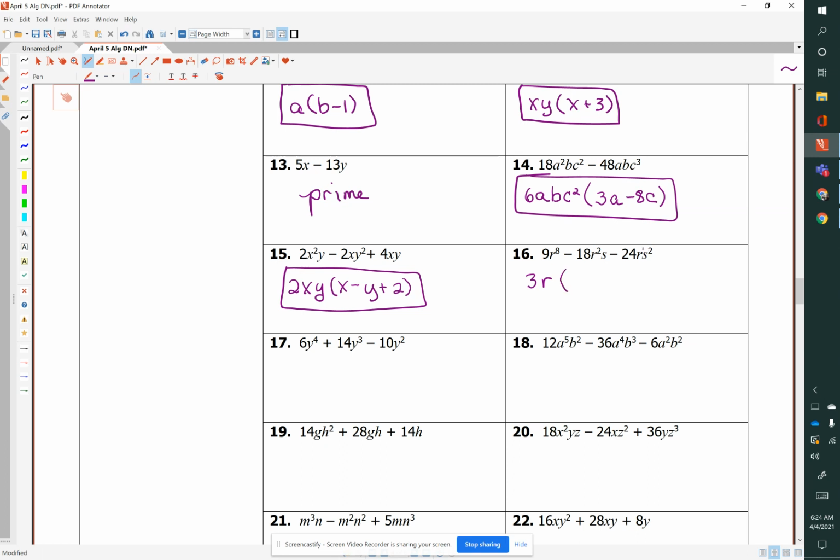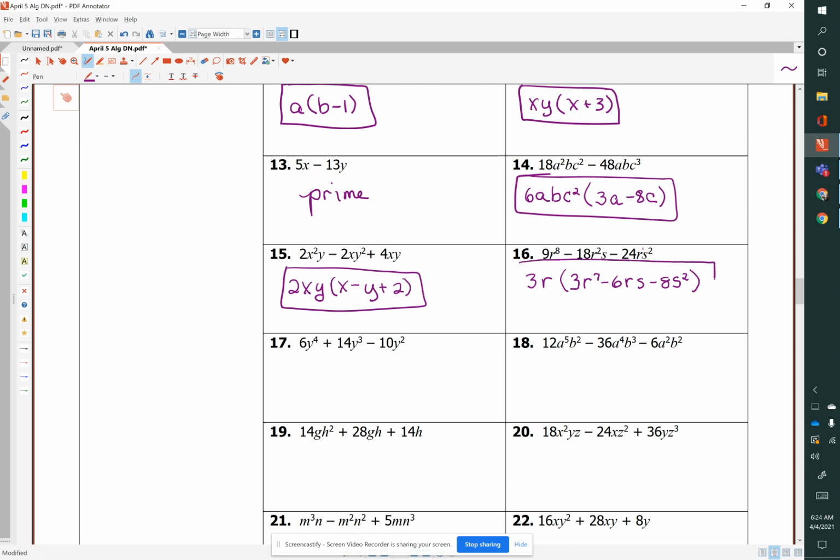So 3r. So 9 divided by 3 is 3, and that leaves r to the 7th minus 18 divided by 3 is 6, rs minus 24 divided by 3 is 8. R was factored out. We have that s squared.